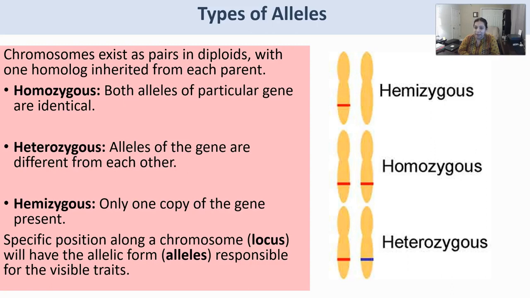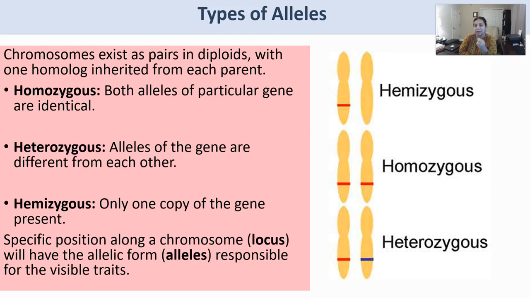And hemizygous is another term that you can use. Hemizygous usually talks about a gene where there's only 1 copy of that gene available. Could be for a variety of reasons. An example would be a gene that is present on chromosome X in a male.